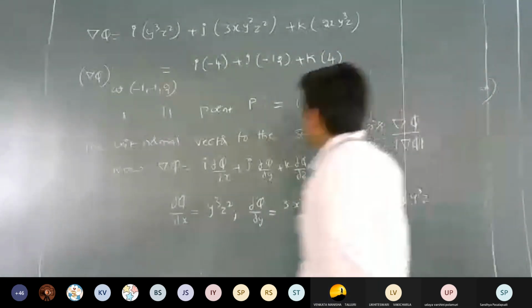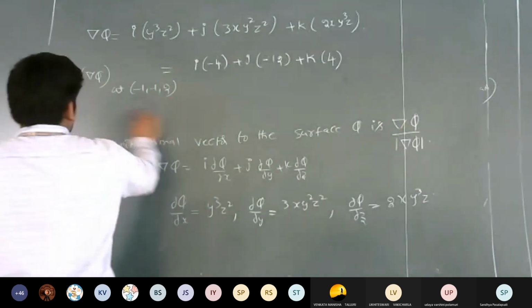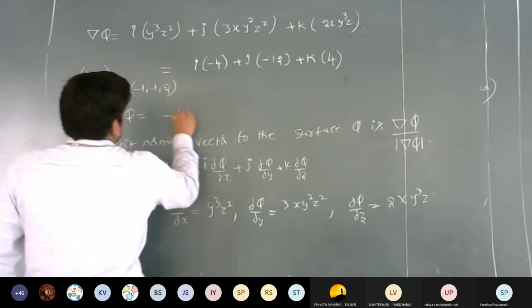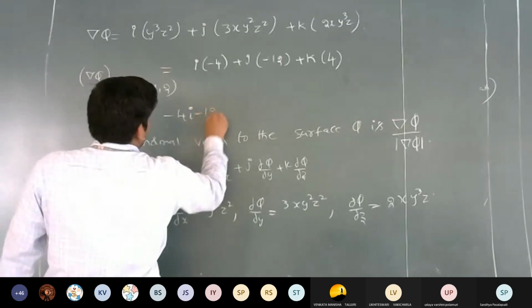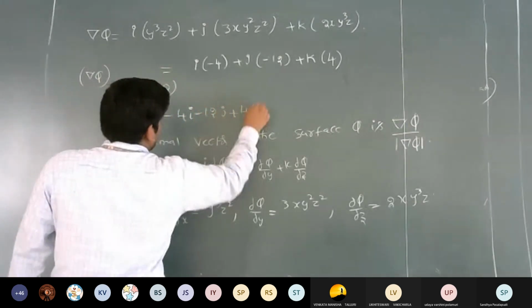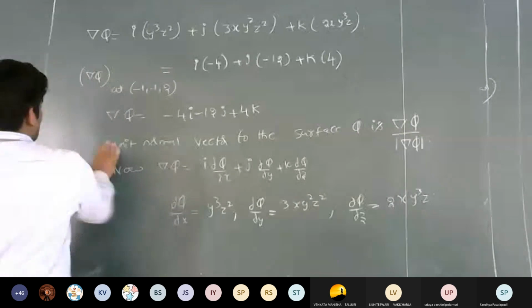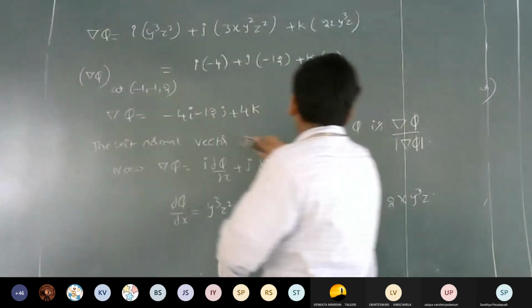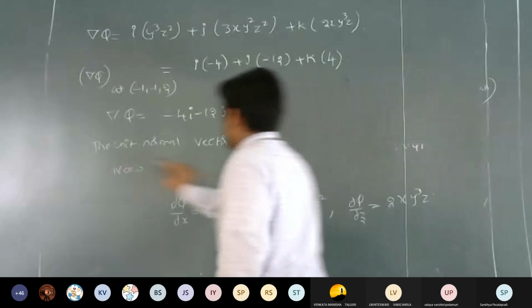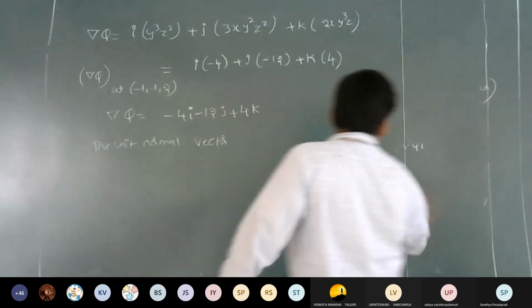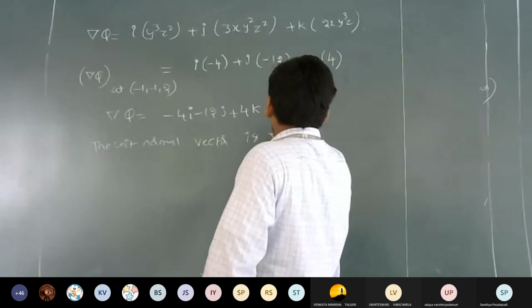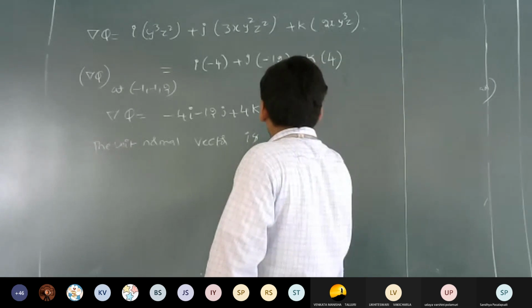Yes. So therefore del phi is equal to -4i minus 12j plus 4k. Right? So the unit normal vector is del phi by mod del phi.